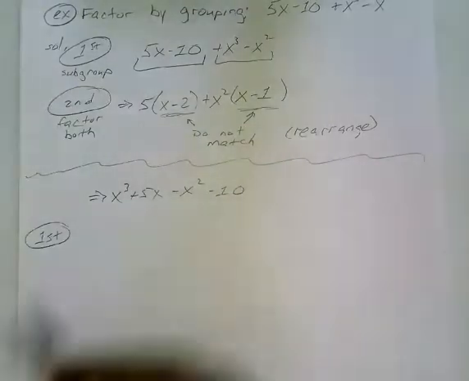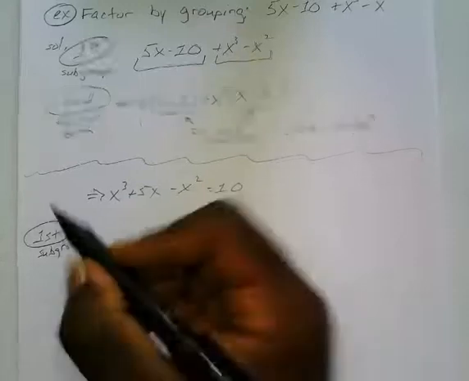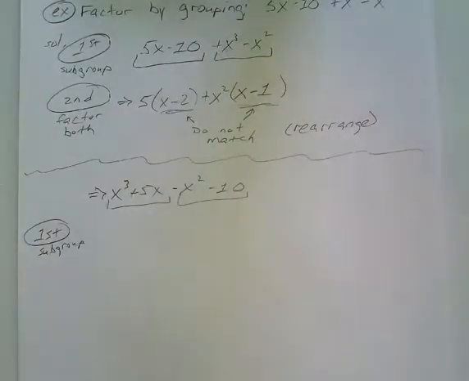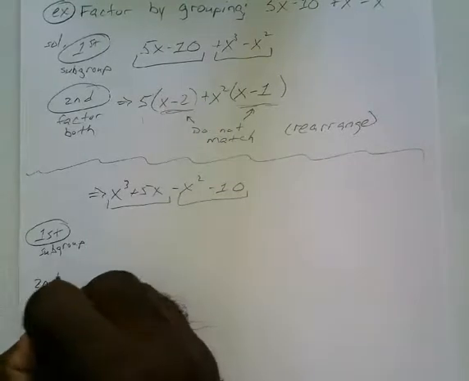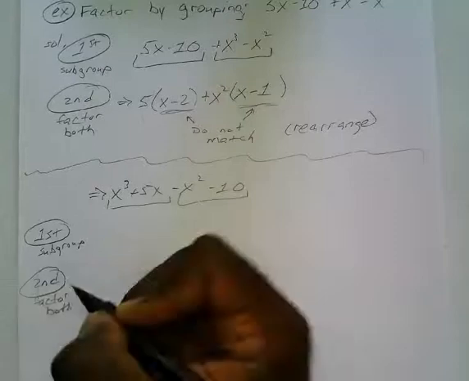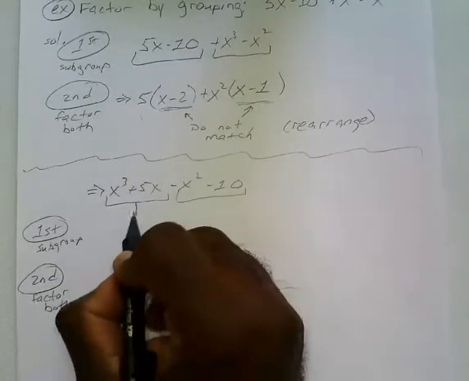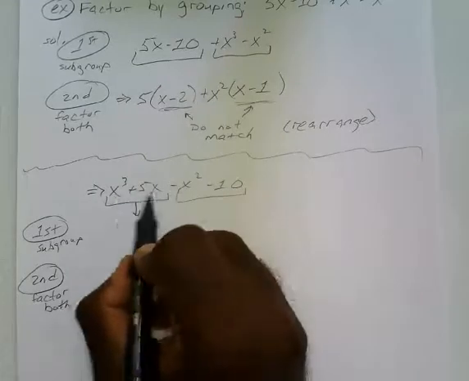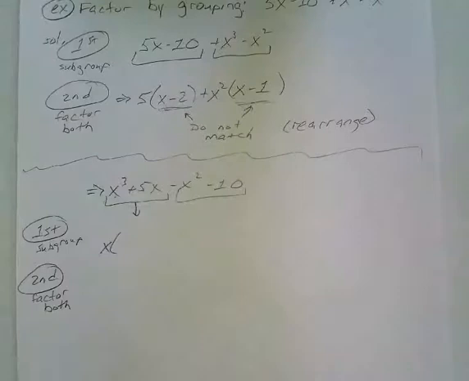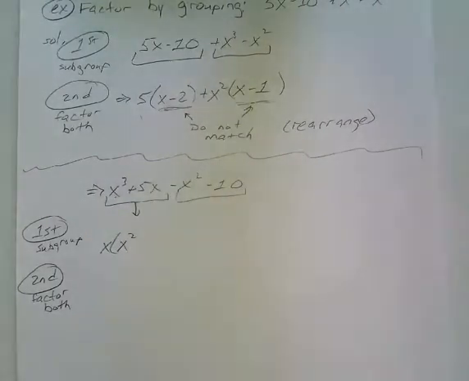So we do our first step, which is our subgroup. We make those into two subgroups. Then we do our second step, which is to factor both. That means we end up with x coming out of both of those terms. x times what gives us x to the third? x times x squared.